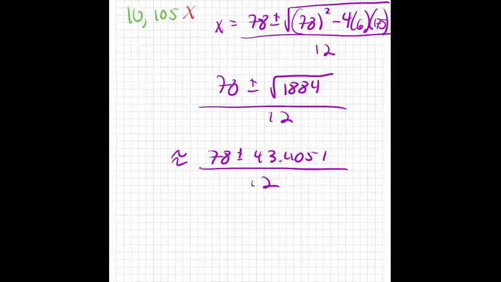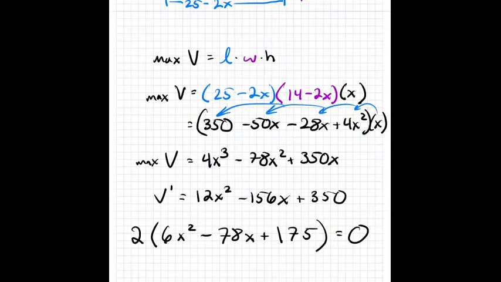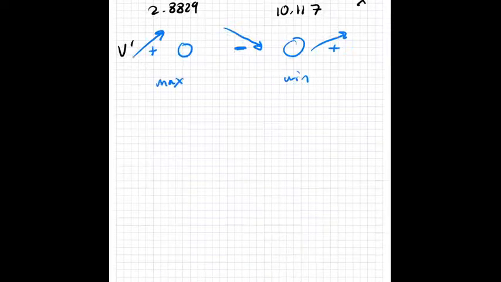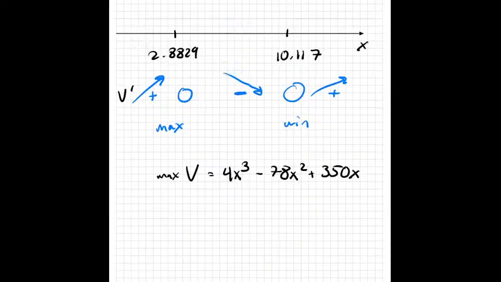So let me copy the volume function and paste it right here. Now we want to plug that number in. I probably should use my calculator, but I'm going to try Siri once.